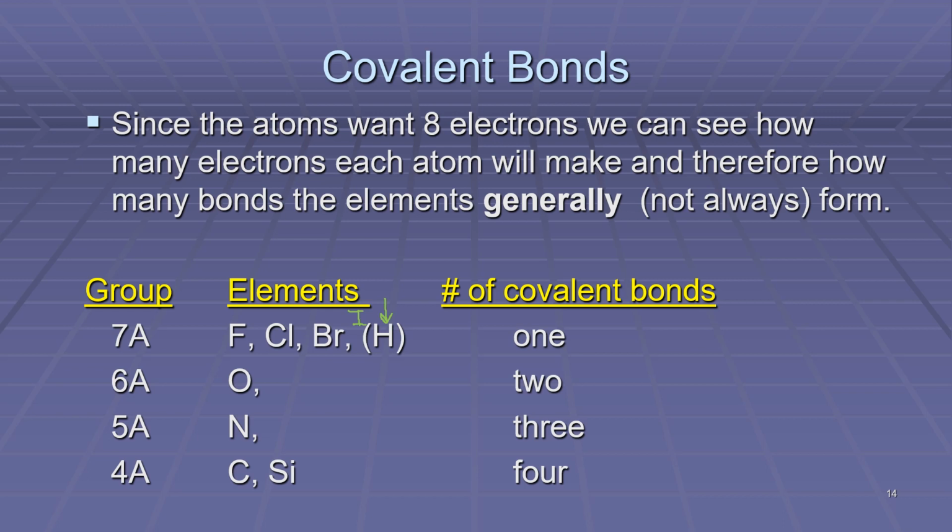But similarly, oxygen with 6 valence electrons needs 2 more, so it will like to make 2 bonds. Now, there is such a thing as a multiple bond, where they make 2 bonds to the same element, but still 2 bonds. Nitrogen, being in the 5th group, wants 3 electrons, so it tends to make 3 bonds, and carbon and silicon like to make 4 bonds.